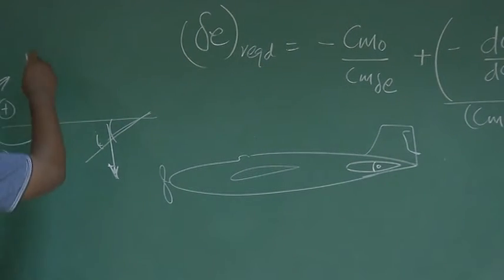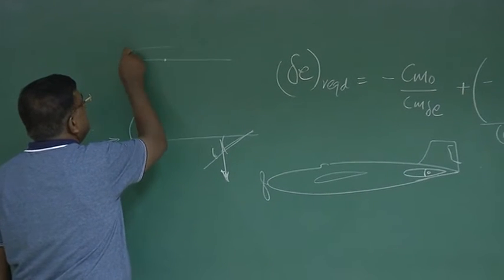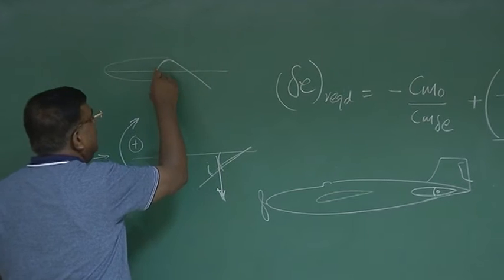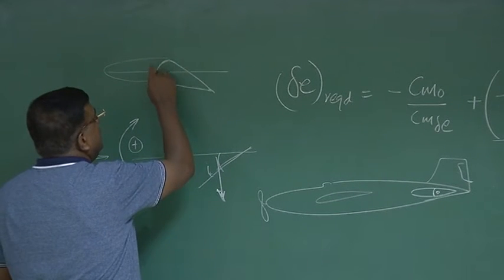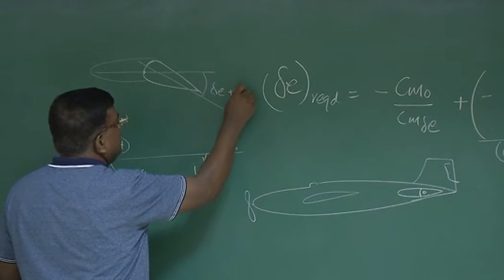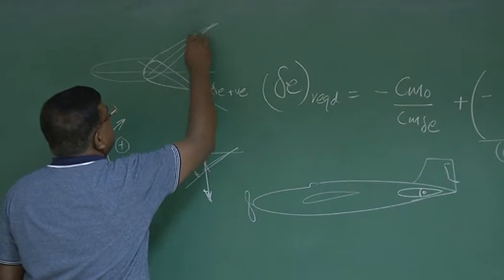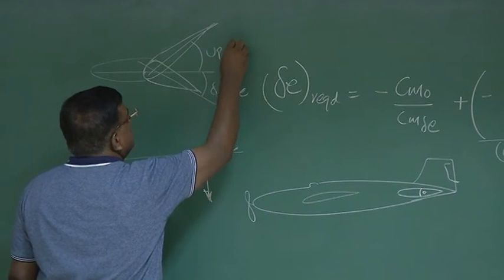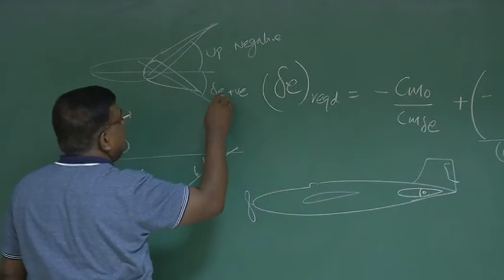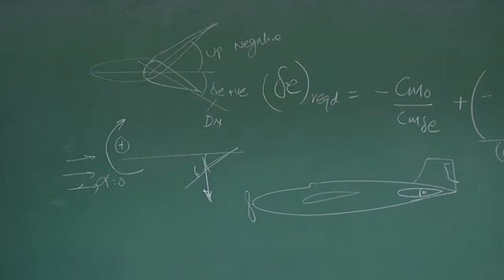And how do we define delta E, sign convention wise? This is delta E positive, and delta E up is negative. This is the convention, and generally you'll see it is also denoted as down, D and down.